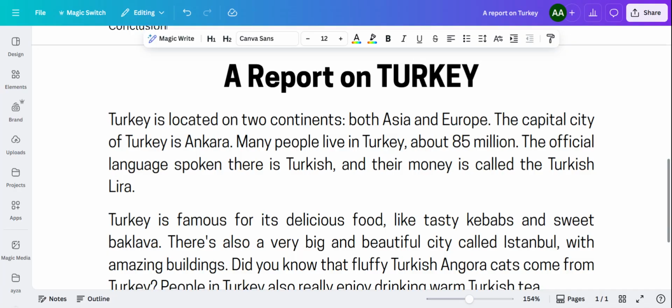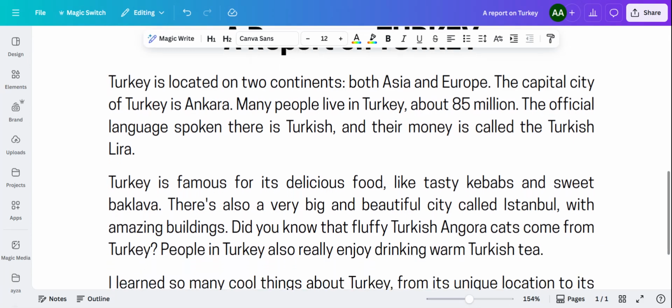Then other interesting facts can be written in the second paragraph. And last but not the least, we can write the conclusion, two lines about what we learned in that report, or what was special about that country.